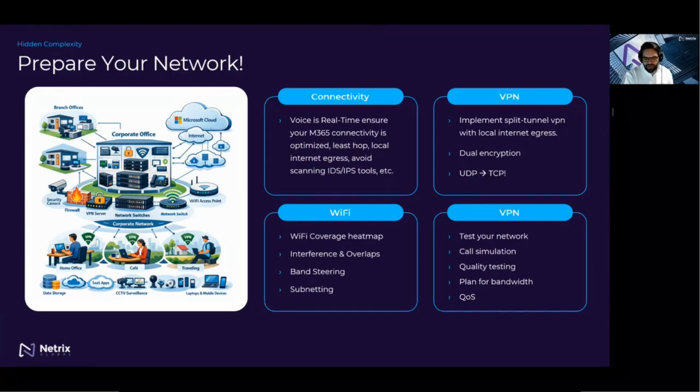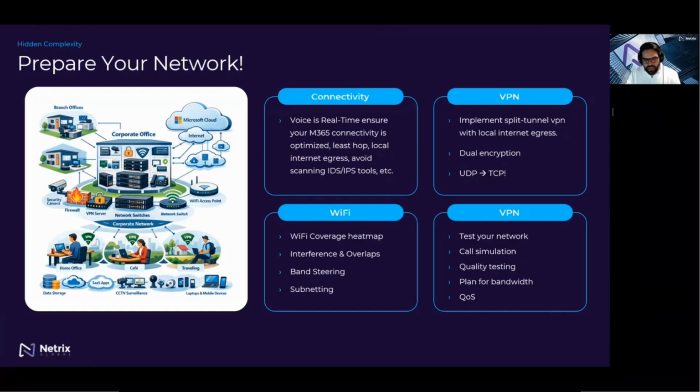If you shove that traffic back into a VPN-type tunnel, then you are encapsulating UDP over TCP, and your tunnel has limited bandwidth. It's going to cause all kinds of issues, right? So just focus on that, and we can test it. We can configure it, you can test it. Most of the VPN providers do have solution guidance on doing split VPN and optimizing traffic for media connectivity with Microsoft Cloud.